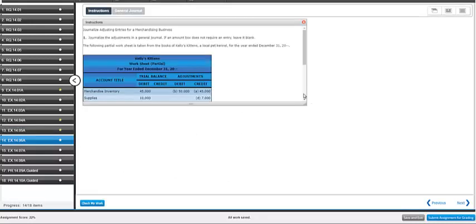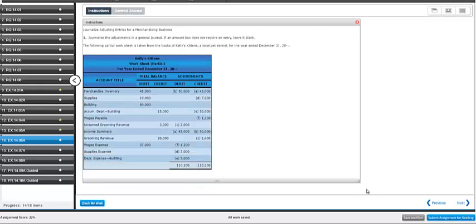In this one, we are going to journalize in our general journal the merchandise inventory adjustment. So remember, we can put the adjustment on the worksheet, but it just provides a visual for us.